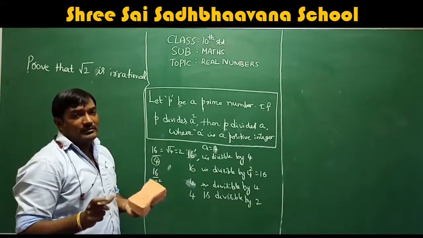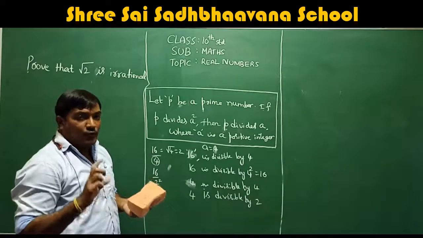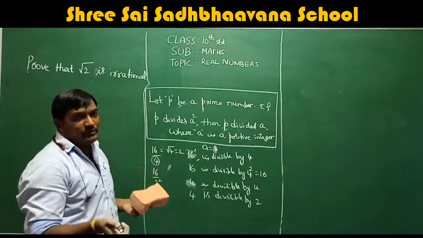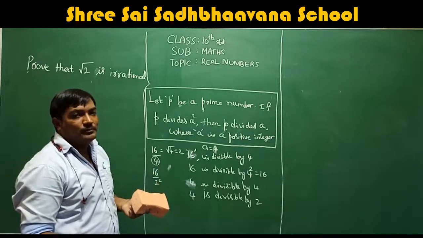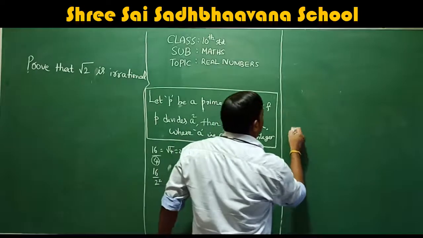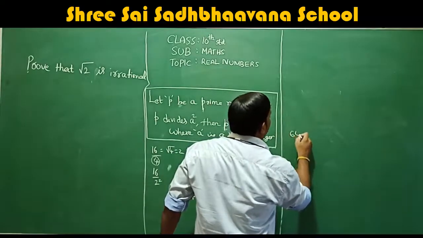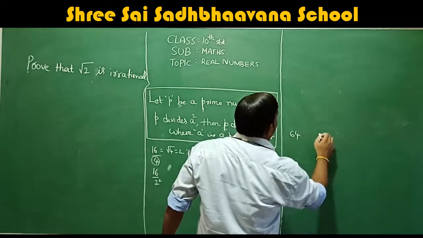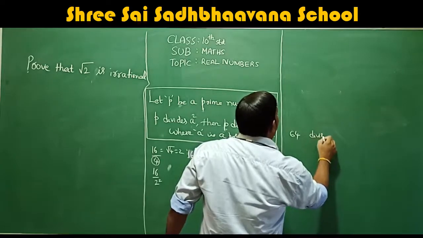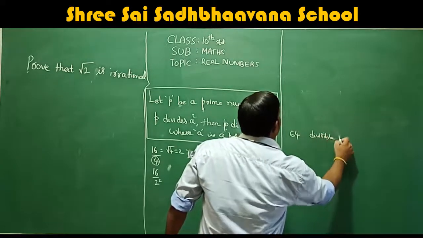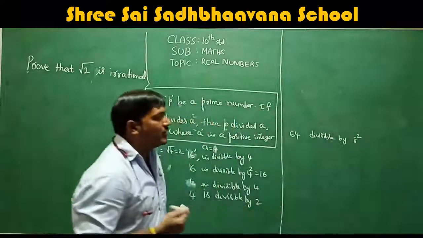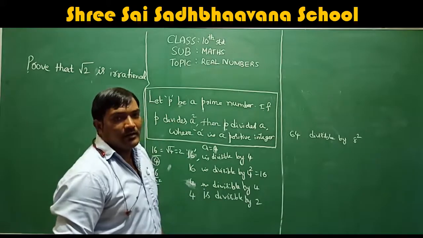As I told you, for example, if 4 divides 2 square, then 4 is divisible by 2. Leave the number aside here. You can take any number. I take 64, or 64 is divisible by 8 square, correct?